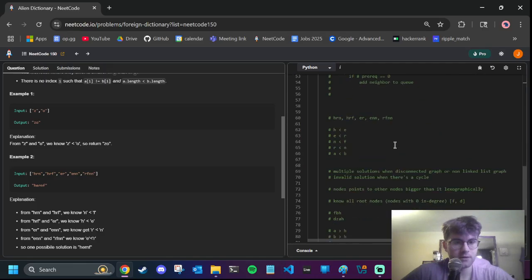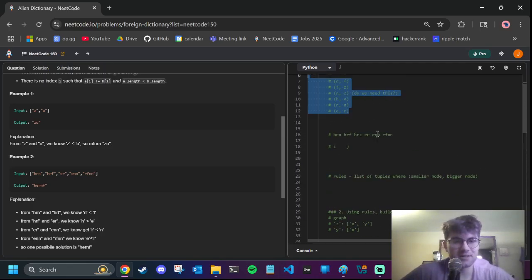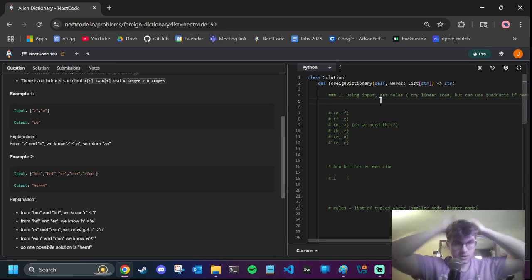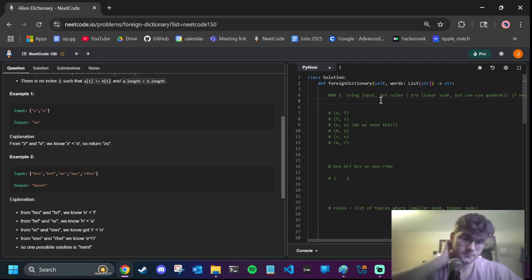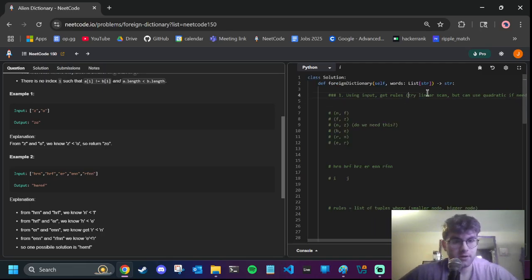I feel like I'm at a point in the problem now, 50 minutes in, where I can start trying to do it, or at least get down some scaffolding code. So I'll just try the linear scan first.